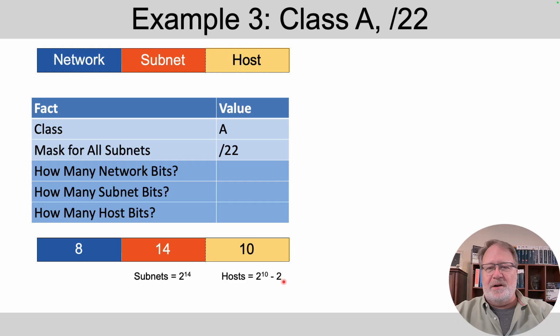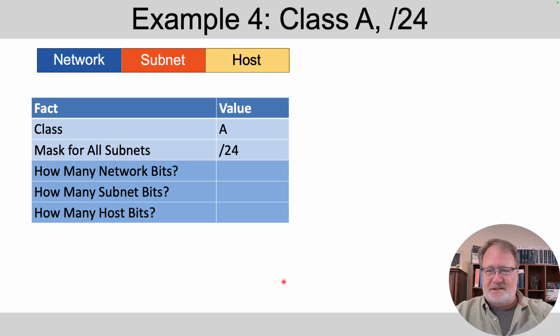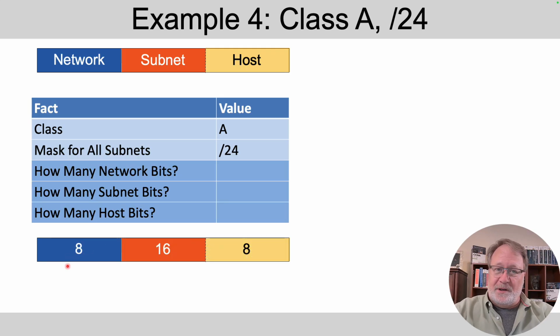So hopefully it's starting to make a little more sense now with all these examples, but let's do example 4, still subnetting some Class A network, now with the /24 mask. This matches that first example that we saw with network 10. So with a Class A network, there are 8 network bits, that first octet. But with a /24 mask, the subnet field is 16 bits long. 8 plus 16 equaling 24.